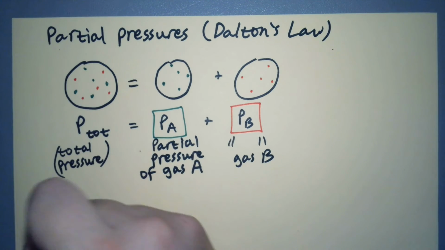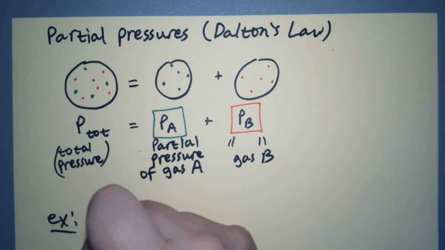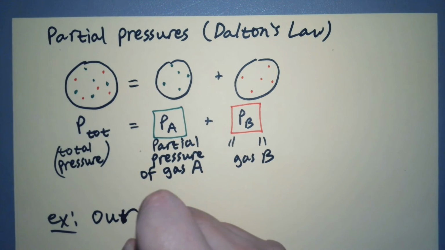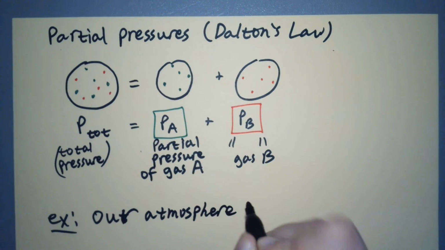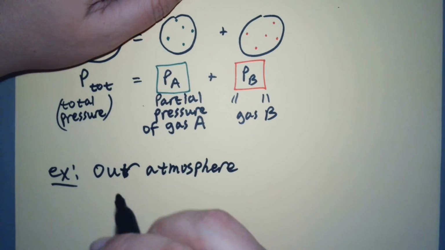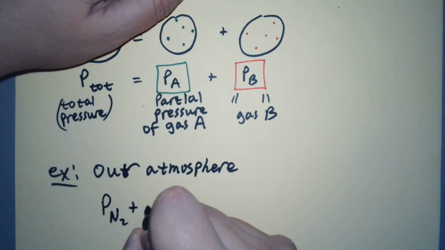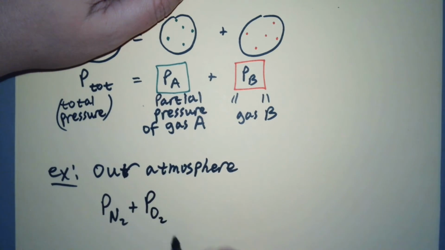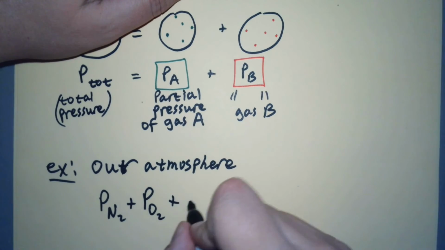And so, for example, in our atmosphere, the air that's all around us, well, there's N2. So there's a pressure associated for the gas particles of N2 and O2. And it's like 78% this, like 21% that. And then there's a little bit of the other stuff like argon.